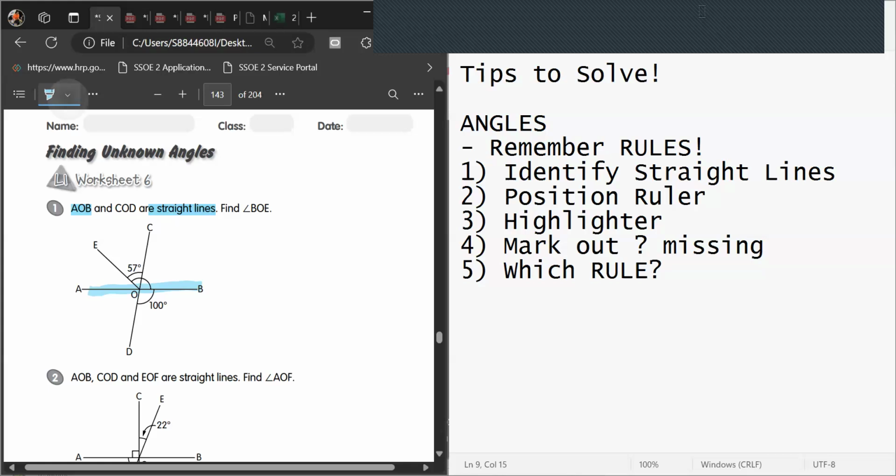What's another property that I'll be able to use? Here says COD.